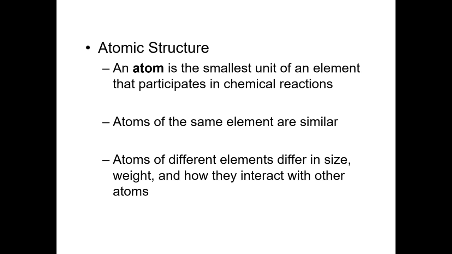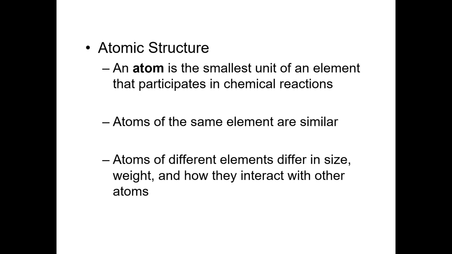We need to understand what an atom is and its structure. An atom is the smallest unit of an element that can participate in a chemical reaction. So elements are made up of atoms. Atoms of the same element act similarly.